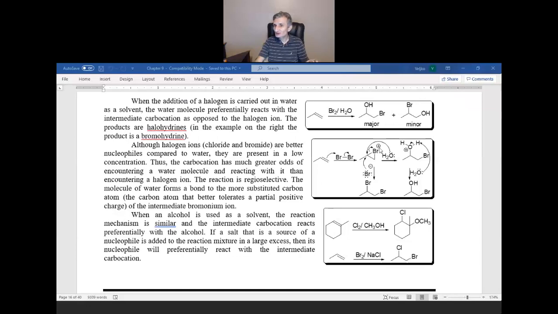Positive charge, even though we indicate it here being on bromine, is actually shared by 3 atoms of the ring, 2 carbons and bromine. And the greatest degree is on the most substituted carbon, because that one tolerates positive charge the best. So that's why the nucleophile will bond to the most substituted carbon of this 3-membered ring.